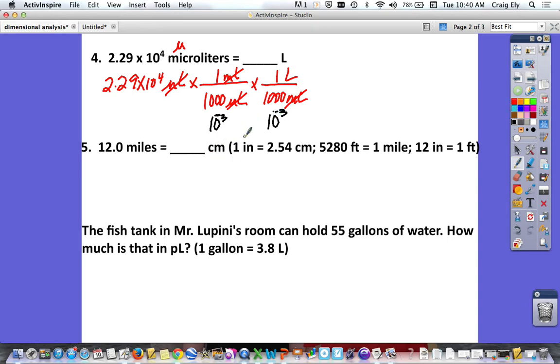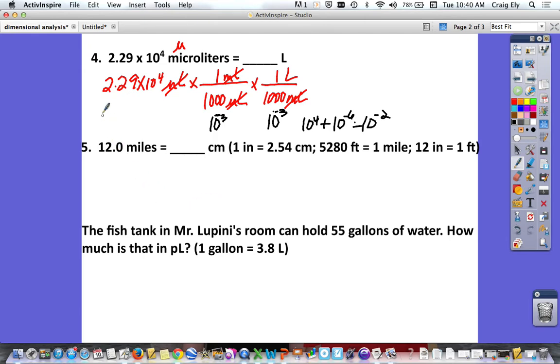A really easy way to do this is to realize that I've got 10 to the fourth here, and then 10 to the negative 6th here. So 10 to the fourth plus 10 to the negative 6 gives me 10 to the negative 2nd.